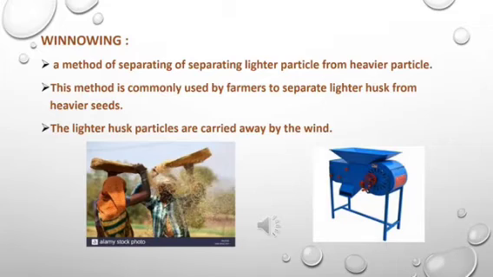This process of separating lighter particles from heavier particles of a mixture by wind or by blowing air is called winnowing. So what is winnowing? Winnowing is the process of separating lighter particles from heavier particles of a mixture by wind or by blowing air.